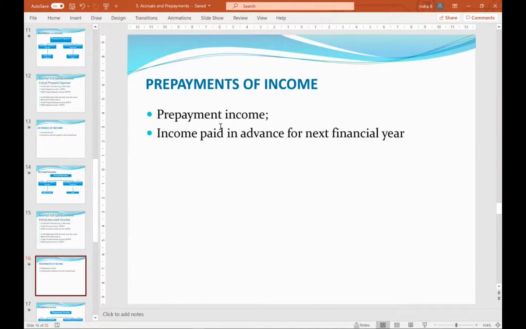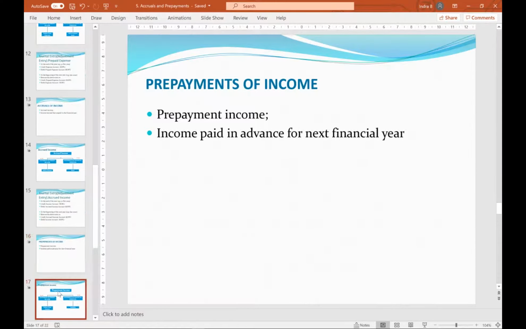It may be some professional fee received in advance, or it may be rent, like if you are a landlord, you may have received rent in advance. Then it is a prepayment of income: income paid in advance for the next financial year. So we received the professional fee, which was due in January, in December, or we received rent early.